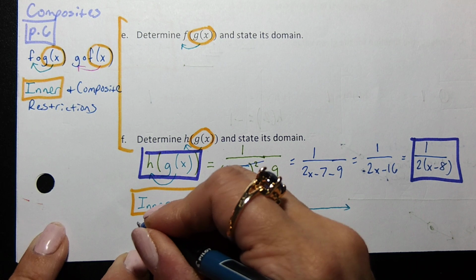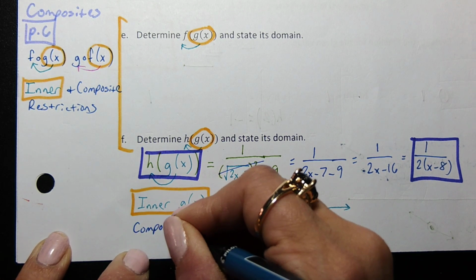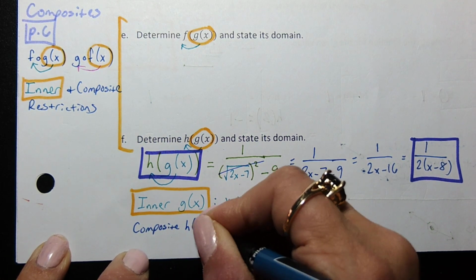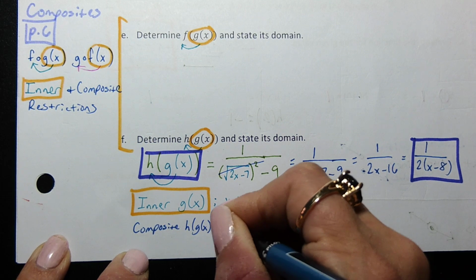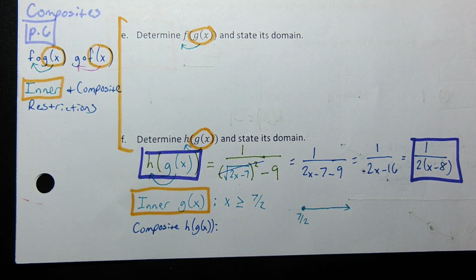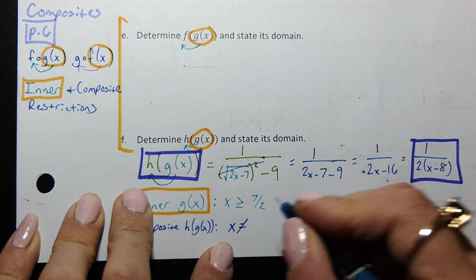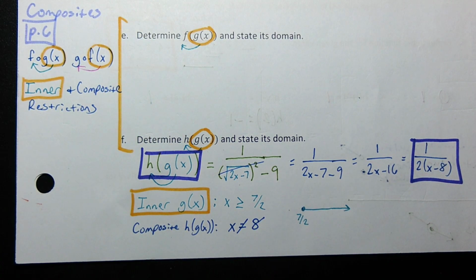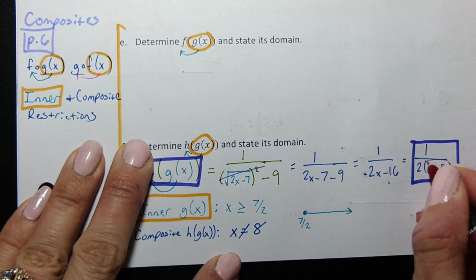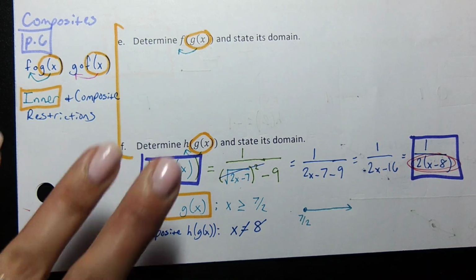And then the composite, which is h of g of x. Does my composite have any restrictions? X can't be, close. It can't be 8 because that's what makes this denominator equal to 0.